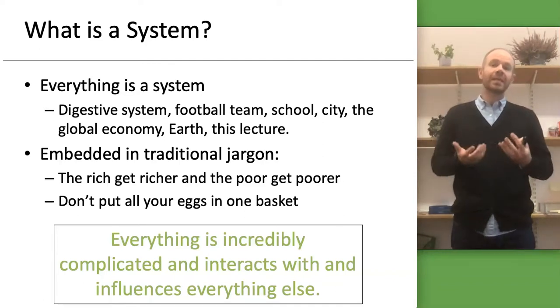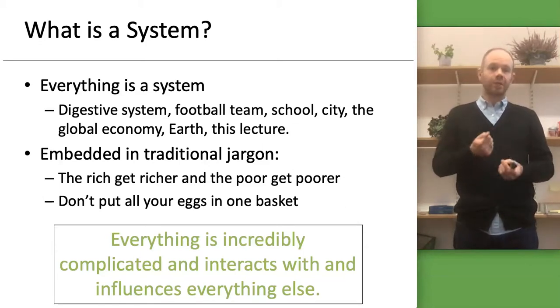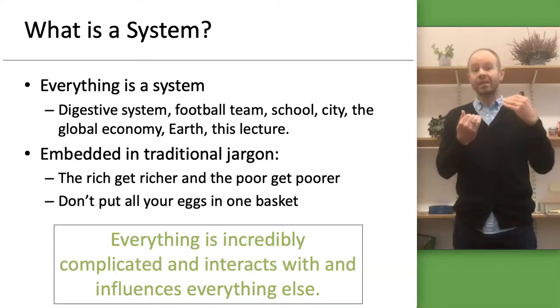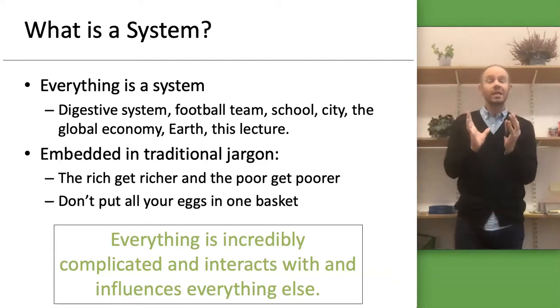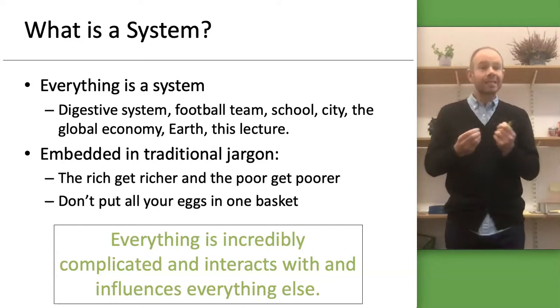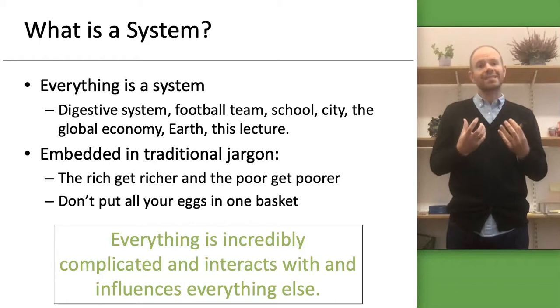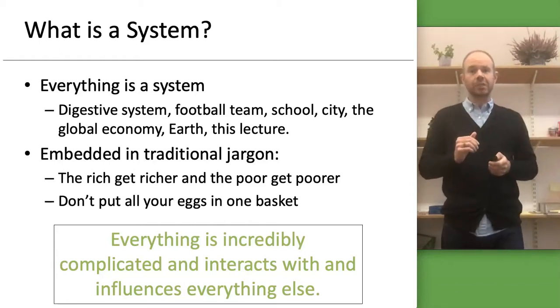That's one of the big takeaways of ecological economics and why we look at these supply and demand models critically, why we look at human behavior critically, why we look at the economy as embedded in the social system, as embedded in the environment, right? We look at these because we, as ecological economists, think that these things are incredibly complicated and these things don't exist alone. Systems are really important for ecological economists.